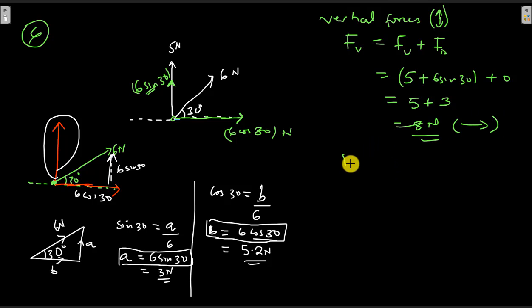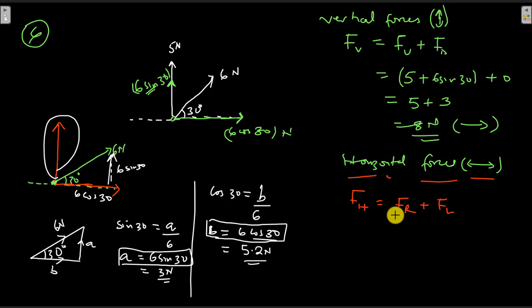Let's look at the horizontal forces. Horizontal forces means to the left or to the right. Okay, there we go. So the horizontal forces we have, if I call that FH, that means the forces to the right plus the forces to the left.